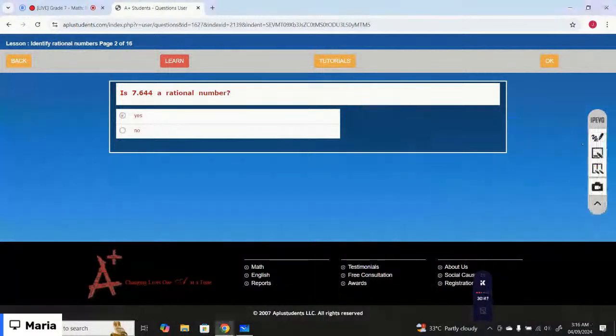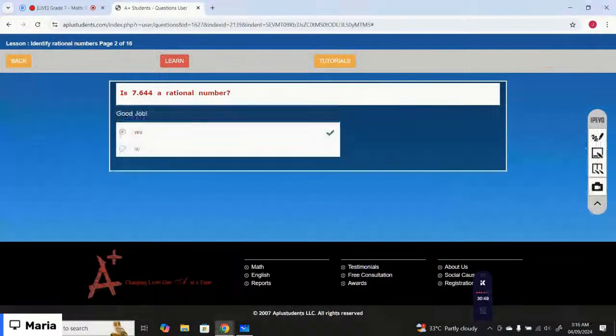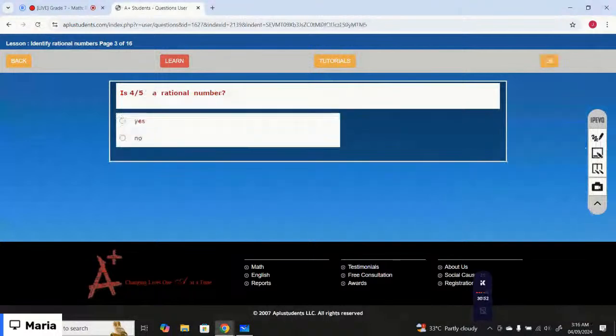So 7.644 is a rational number. Next, is 4 by 5 a rational number?